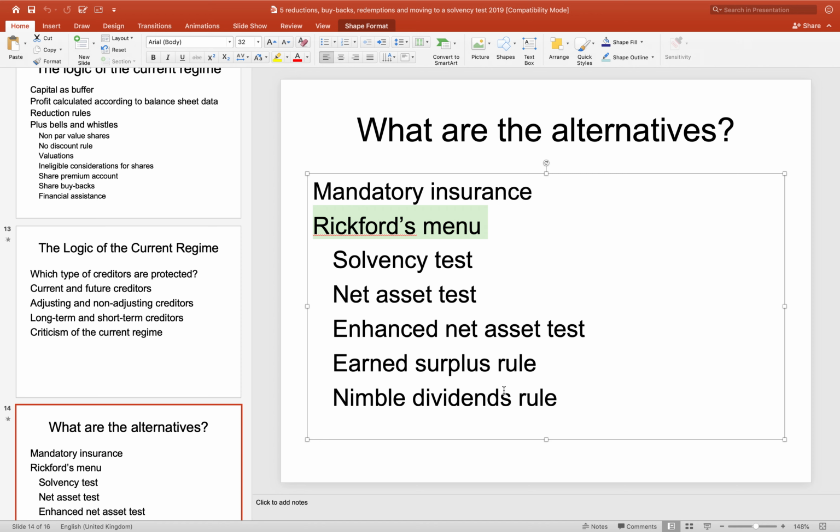Or should we improve the current distribution rules by adding more consideration of liquidity? Can they even be improved? Or alternatively, of course, the general theme is that the solvency test is a much better way of determining whether distribution is a good idea from the perspective of the creditors of a company.